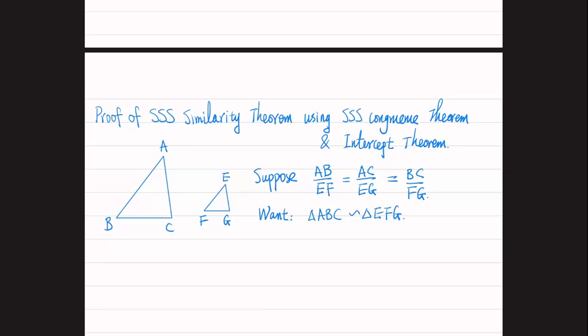Okay, now let's recall: to see that the two triangles are similar, what do we need? What are the conditions we need to check to conclude the two triangles are similar? And what is missing? Okay, Amy, what's missing here?